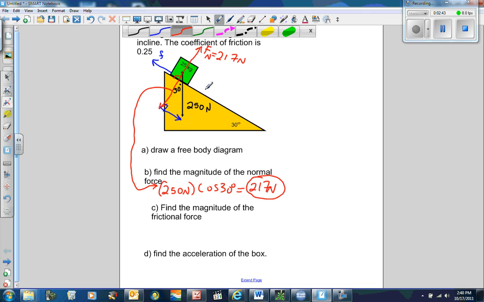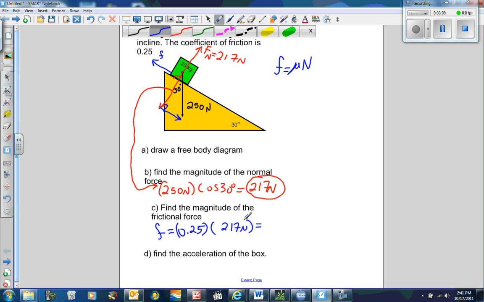Alright, so we've got A, we've got B. Find the magnitude of the frictional force. Well, to find that, friction is going to equal mu times the normal force, right? The fun equation. So, F equals 0.25. That's the coefficient of friction that was given in the original problem up here, times the normal force, which is 217 newtons.